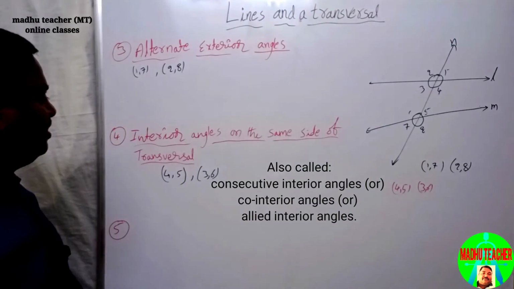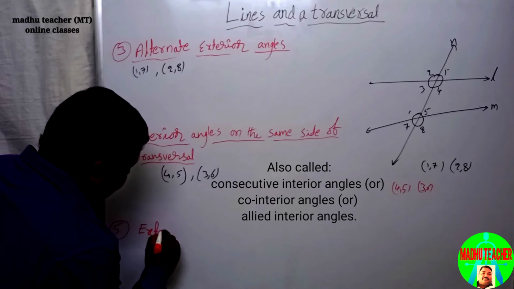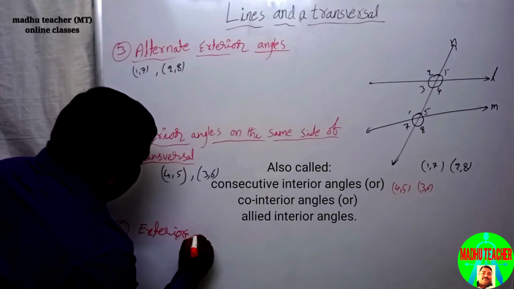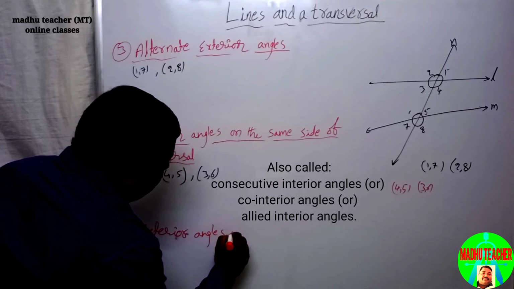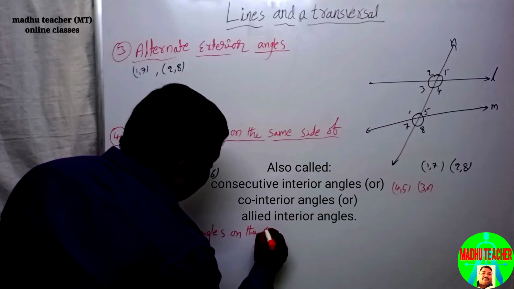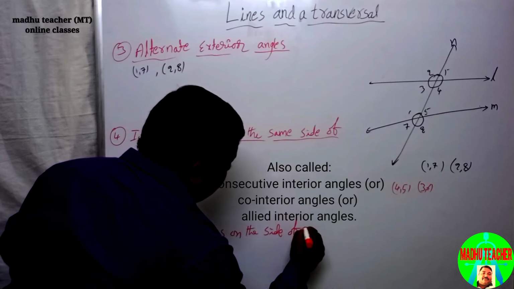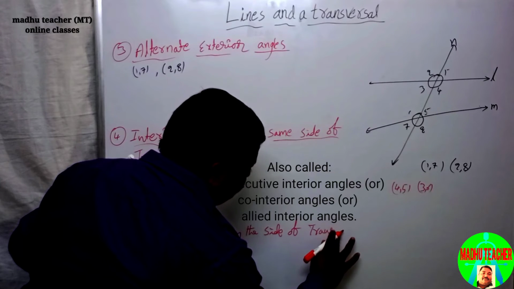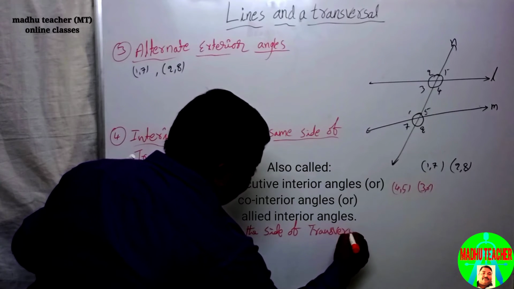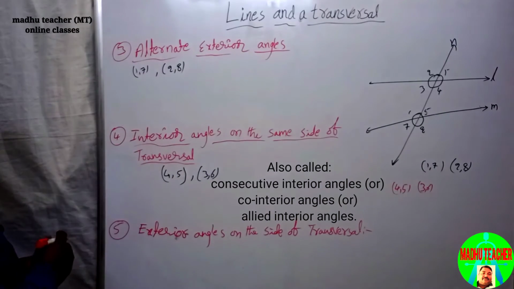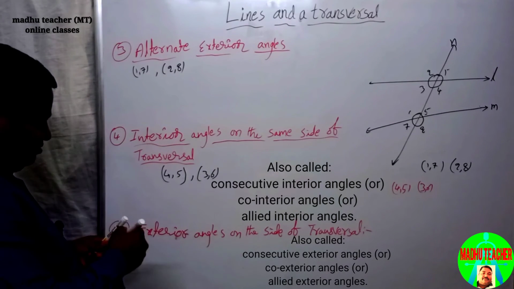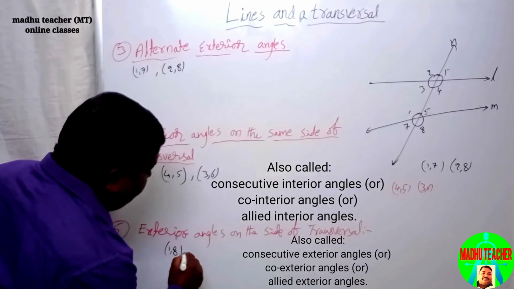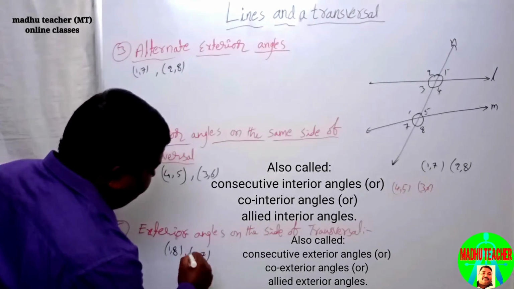So these two are called exterior angles on the same side of the transversal. They are 1 comma 8 and 2 comma 7.